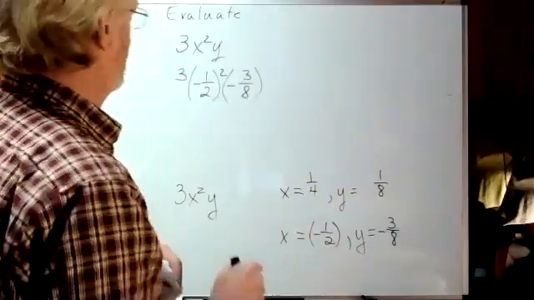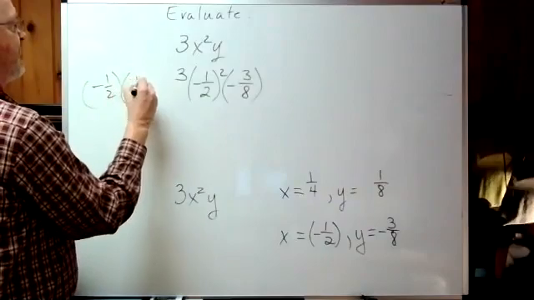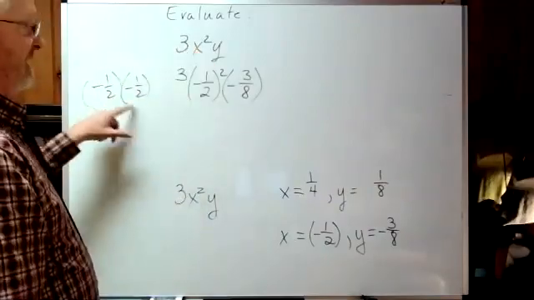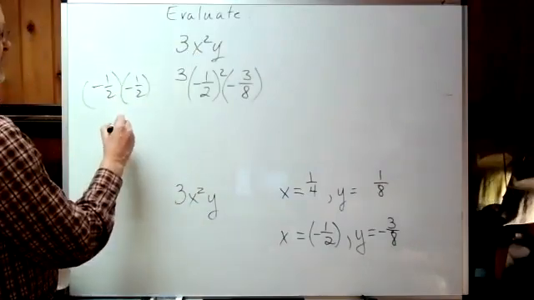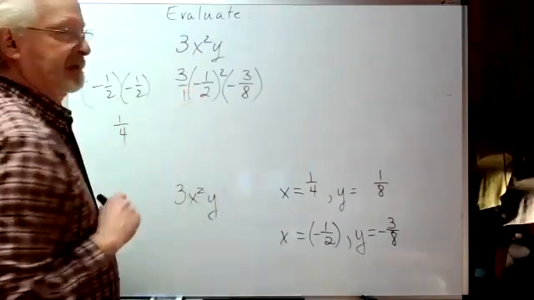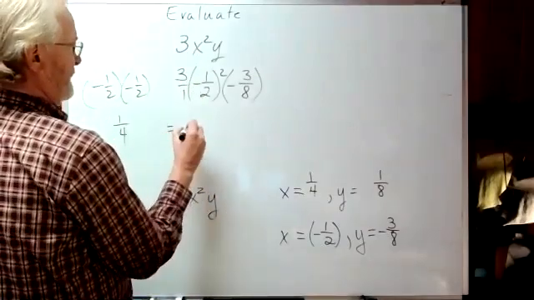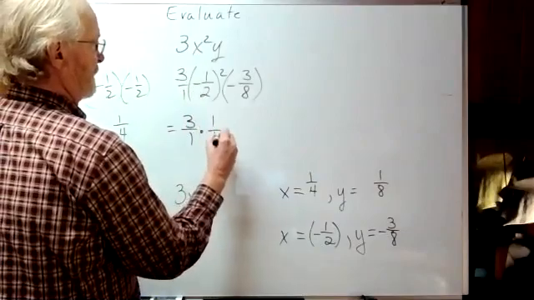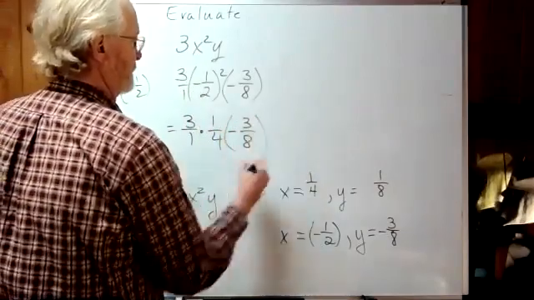Exactly. Yep. Thank you. That's one I did on the side a second ago. If the negative sign's inside the parentheses, it means you're actually squaring that negative also. Negative times negative, that's going to turn to the positive 1/4. Yes, absolutely. Made that look like a fraction ready to go for myself there. So how about 3 times the 1/4 we just talked about, still -3/8 here to deal with.